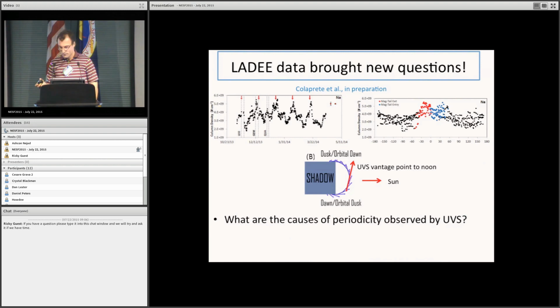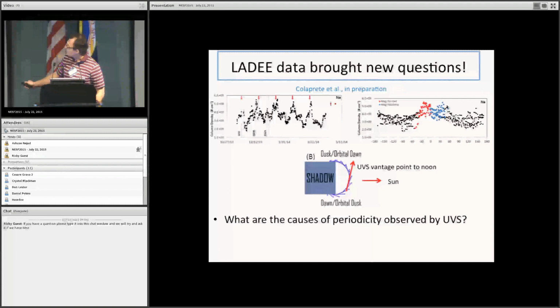LADEE brought even more questions. Recent measurements by the UVS demonstrated the same long-term variation, but now these are measurements on the day side. Shown here, the spacecraft is about 50 degrees downwards of the subsolar point, in measurements that Tony Colaprete will be expanding on later on. That's when it points towards the subsolar point at tangent altitudes of about 10 to 30 kilometers.